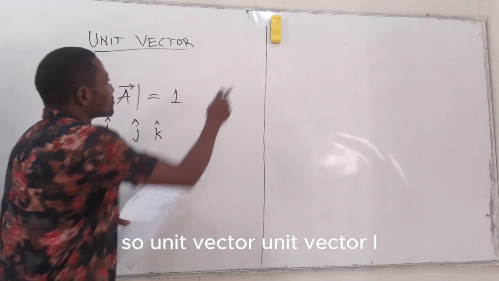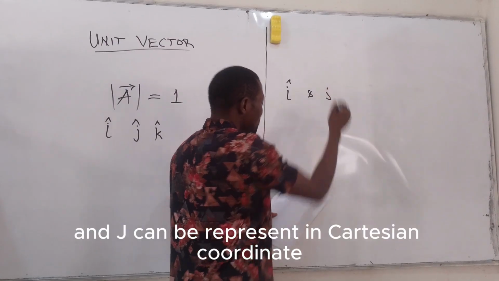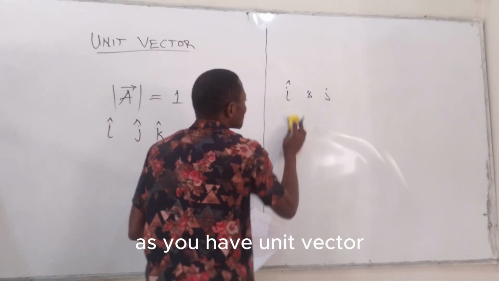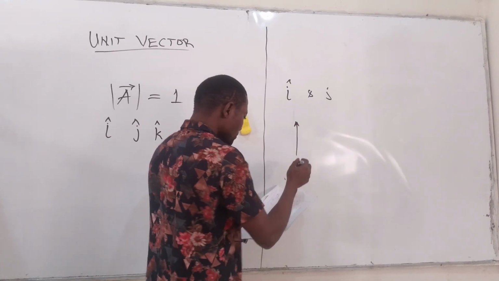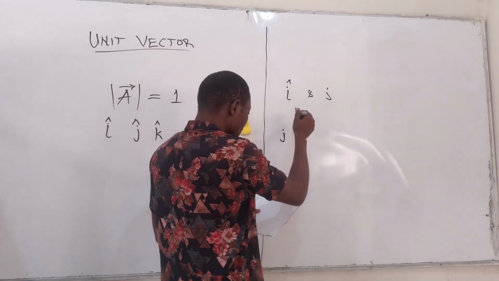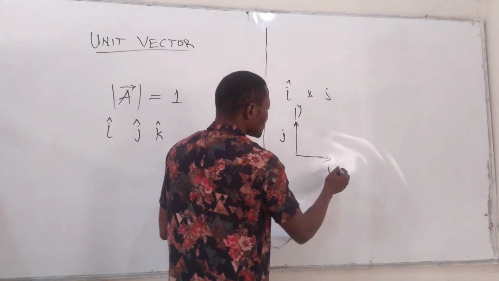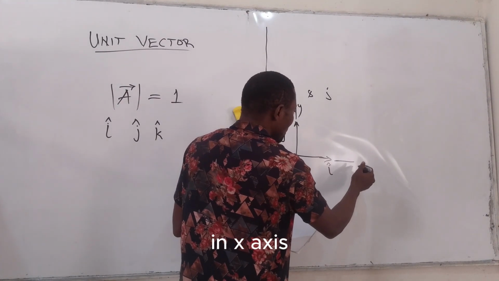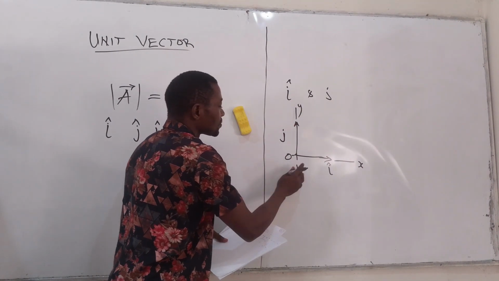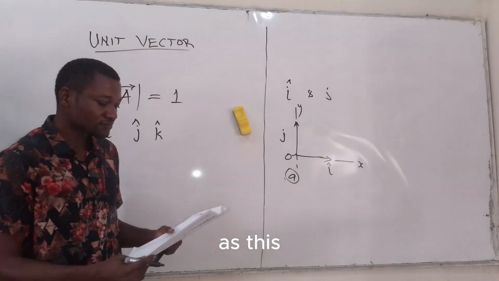The unit vectors i and j can be represented in Cartesian coordinates, with unit vector j in the y-axis and unit vector i in the x-axis. So if this is the origin, we can represent unit vectors in Cartesian coordinates as this.